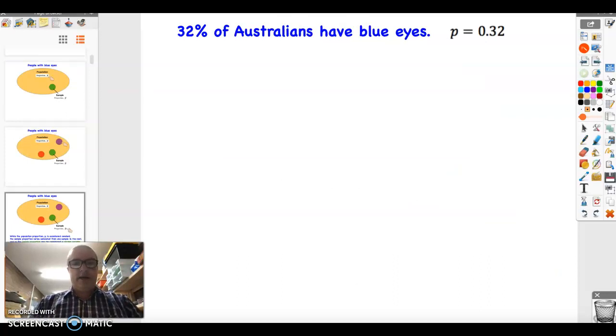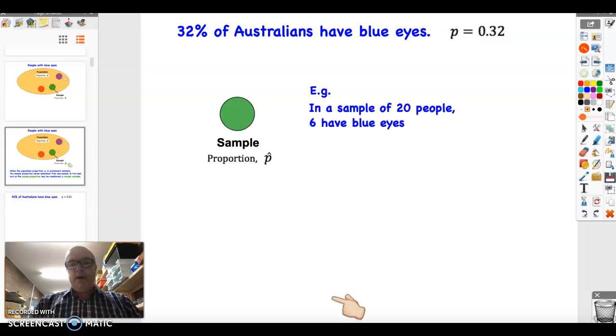So I'm going to use the example of blue eyes. 32% of Australians have blue eyes, and so we've already referred to P being 0.32. That's the proportion of the population that have blue eyes. If I take a sample of 20 people and count the people with blue eyes, I might have found that there are 6 people with blue eyes, and so we can now calculate the proportion P hat for that sample.